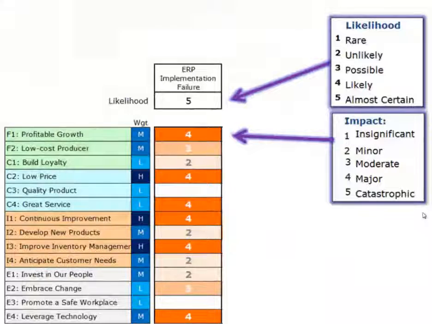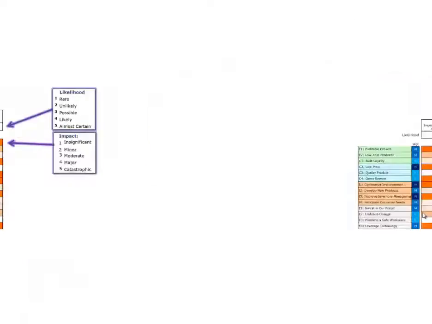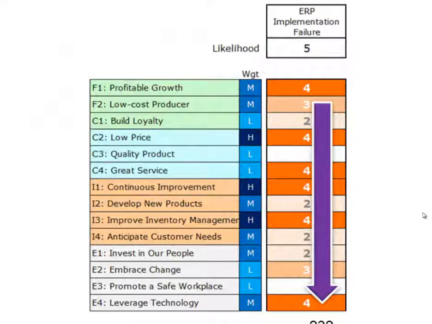We're going to take a look at what is the likelihood of those risks to happen. But now we're going to take a look at the impact by strategic objective. In other words, we're not scoring it just 1 to 5 across all the strategy. We're being more precise. And this precision allows us to get a much more accurate score of where the risk is occurring in the organization.